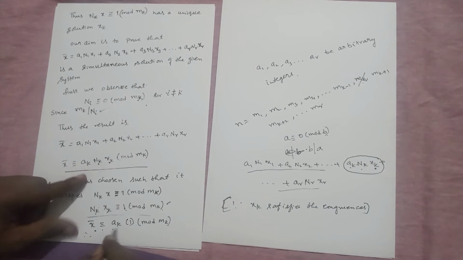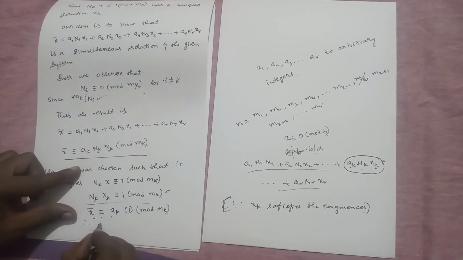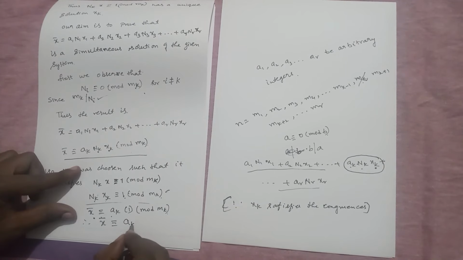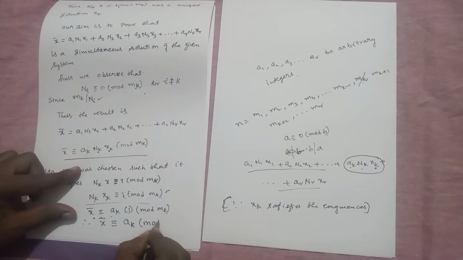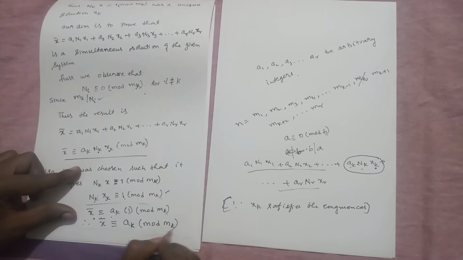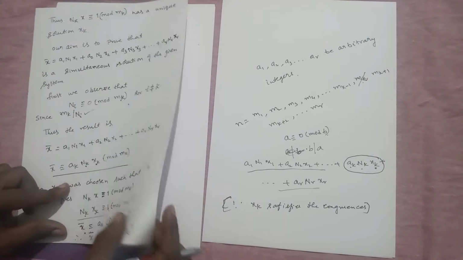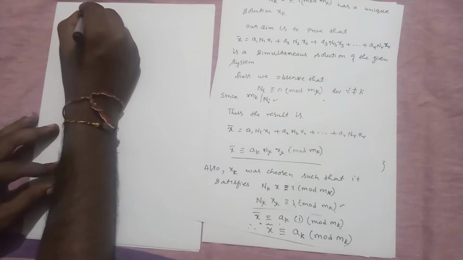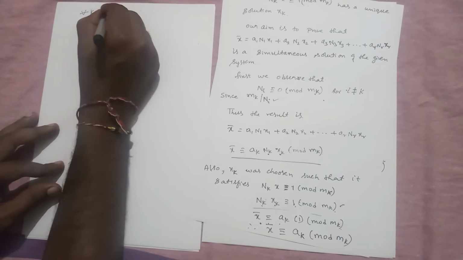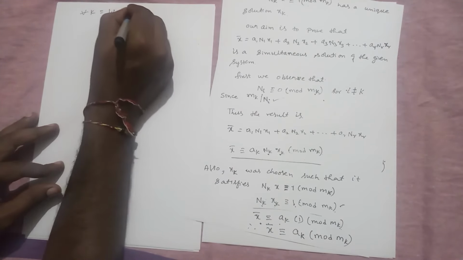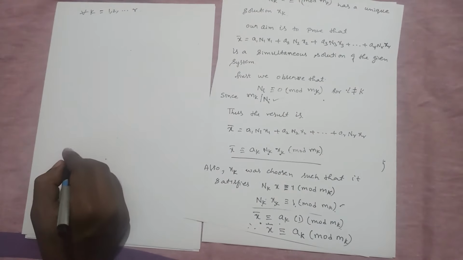So therefore, what do you get? x bar is congruent to ak mod mk for all k equals 1, 2, 3, and so on up to r.